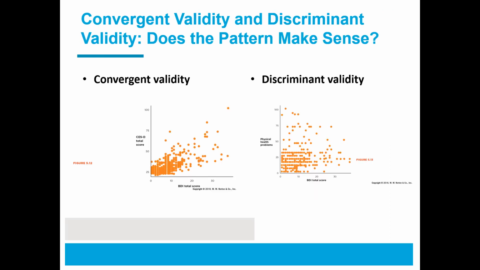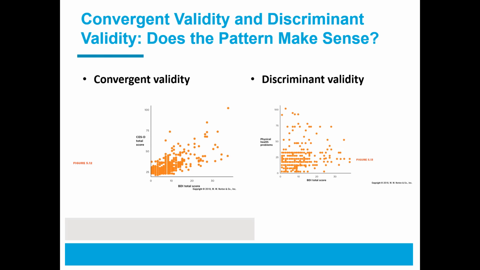Another type of validity is concerned with whether there is a meaningful pattern of similarities and differences. Convergent validity states that a measure should correlate strongly with other measures of the same construct. The figure on the left supports the convergent validity of the BDI with another measure of depression called the CESD, or the Center for Epidemiologic Studies Depression Scale.